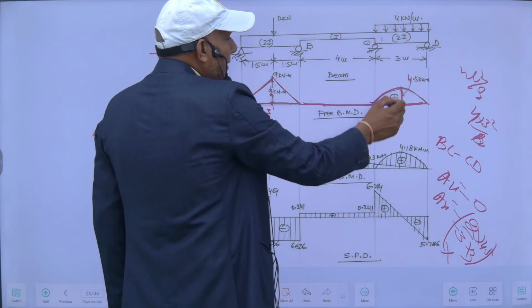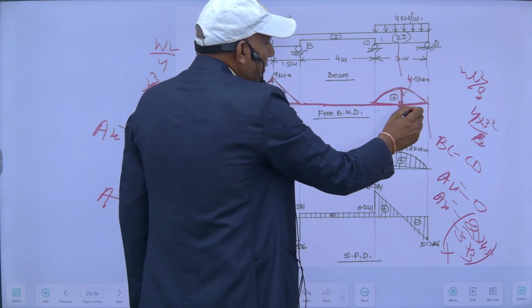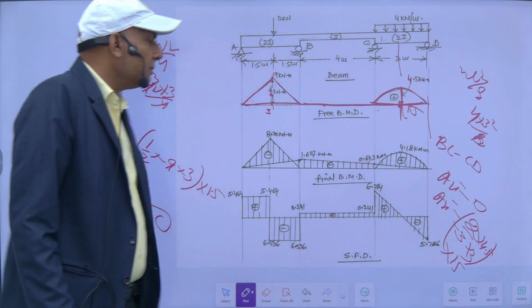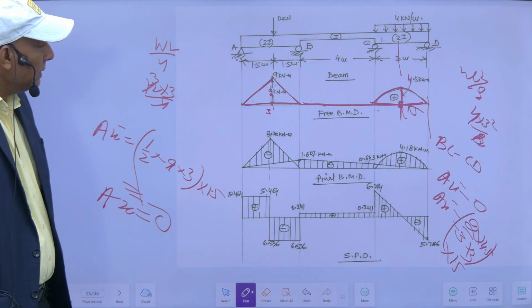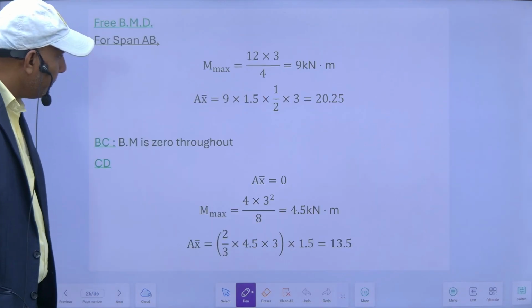It is symmetrical, so the centroid distance will be 1.5 of this. Multiplying by 1.5, I will get AX bar. Then I will apply the 3-moment theorem.